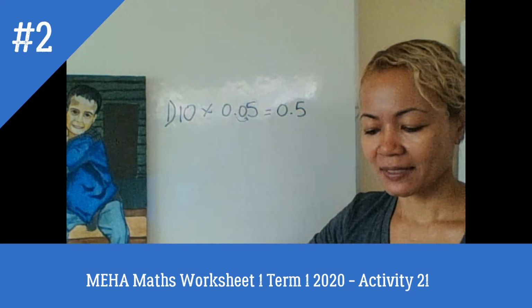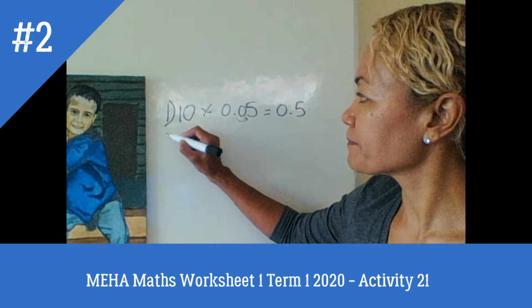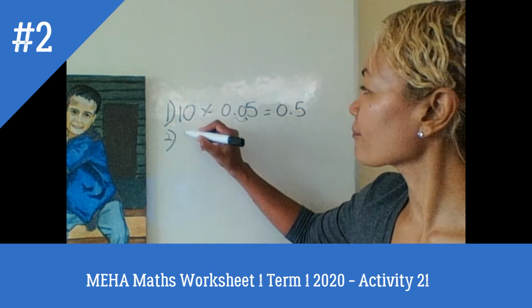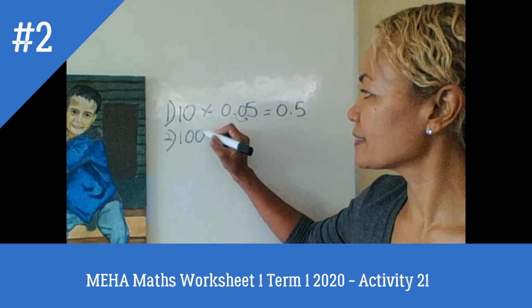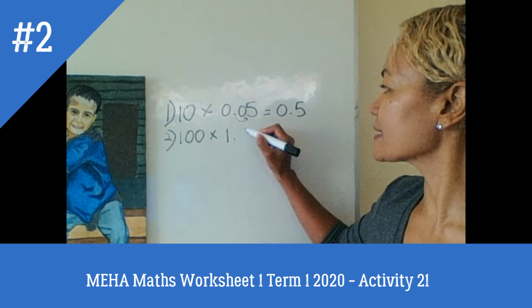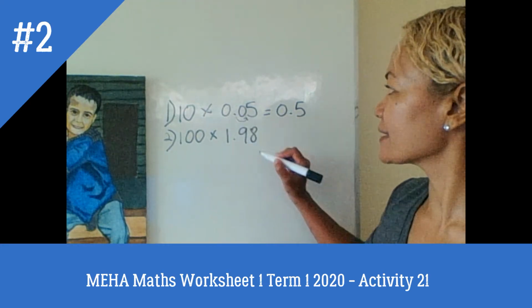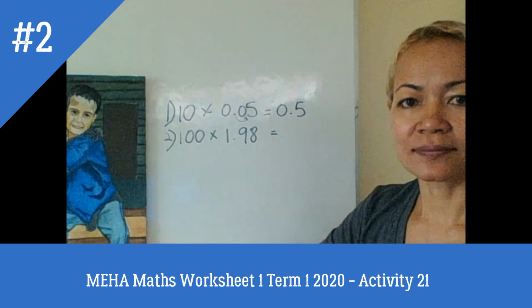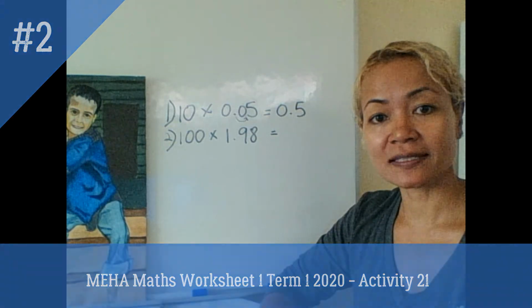Okay. Second question is 100 times 1.98 equals. I'll give you time to answer the question now.